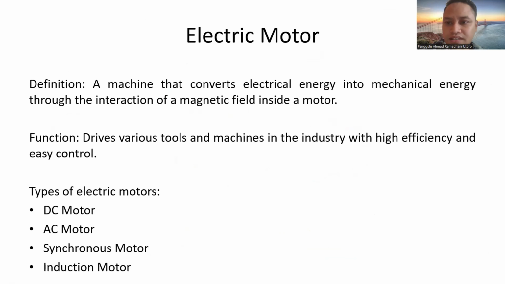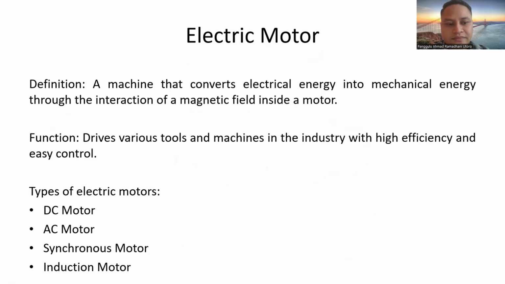Okay, next we talk about electric motor. The definition of an electric motor is a machine that converts electrical energy into mechanical energy through the interaction of a magnetic field inside the motor.